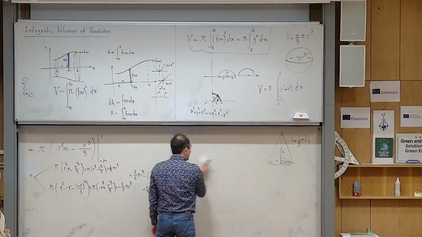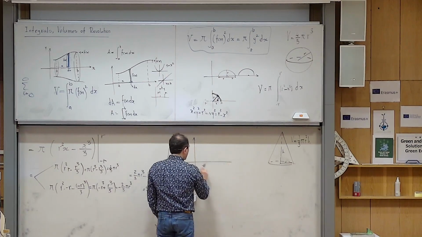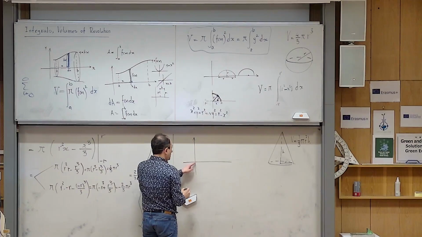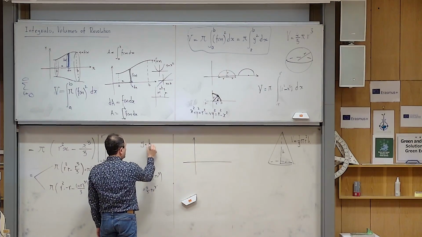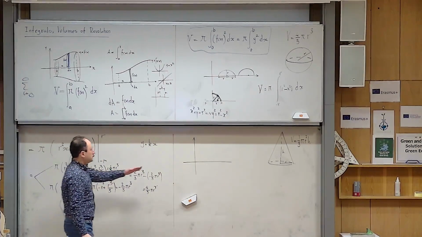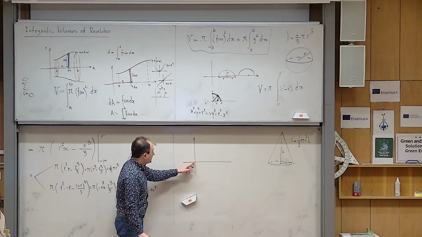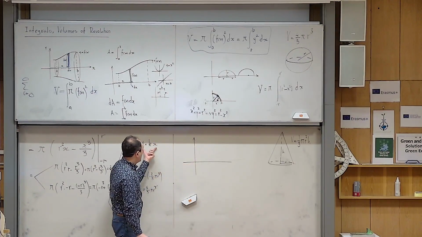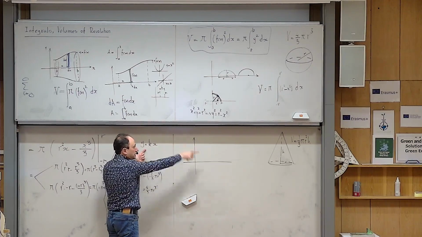So can you now fix it for me? So which line? Because you know the line is passing through the origin, you know the equation you are looking for should be of this type, y equals kx. Yes? Any line passing through the origin has this form of equation, but still not all of them generate my cone.